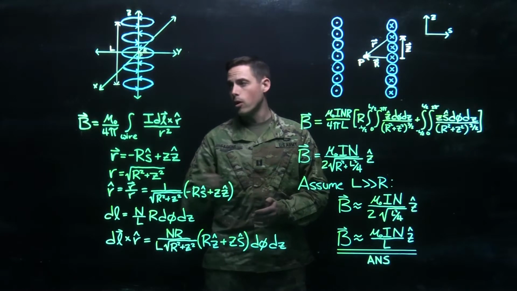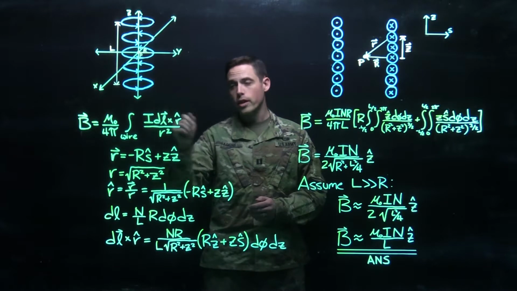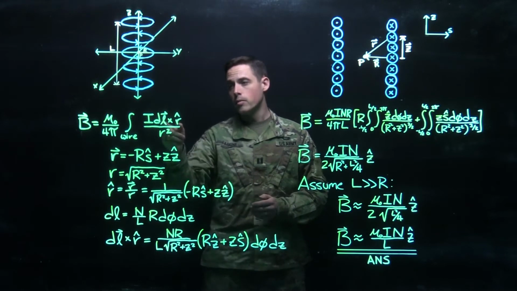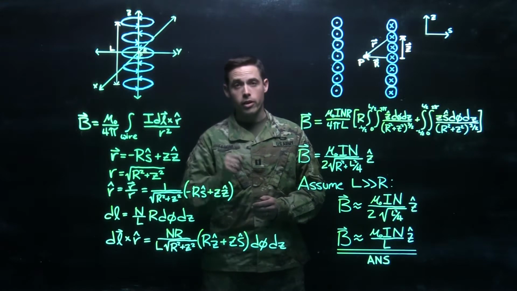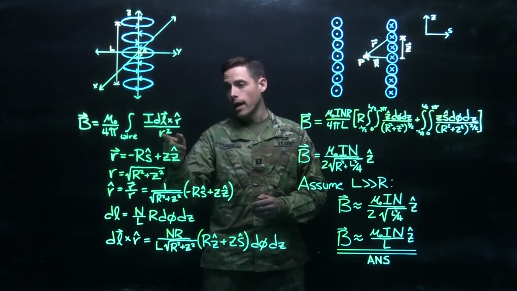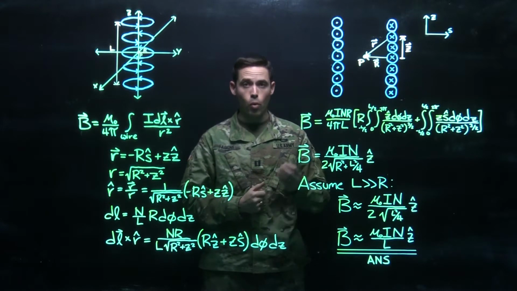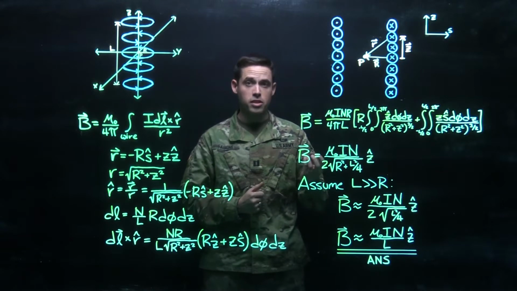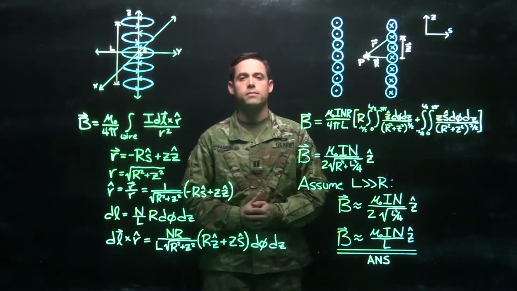The variables involved are the permeability of free space, the current in our wire, some infinitesimal length vector within our wire, a unit vector, r hat, and r squared, with r being the separation distance between the point in space that we're trying to express the magnetic field and the current carrying wire.